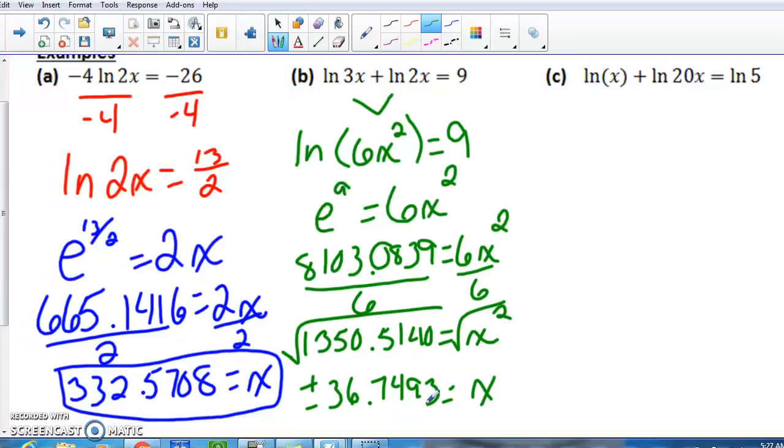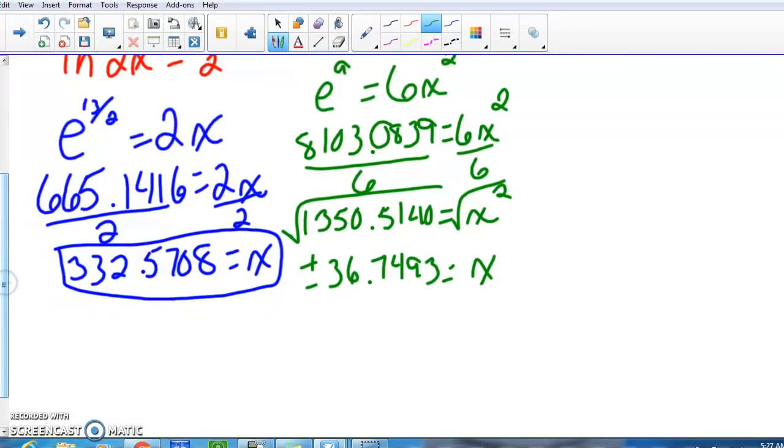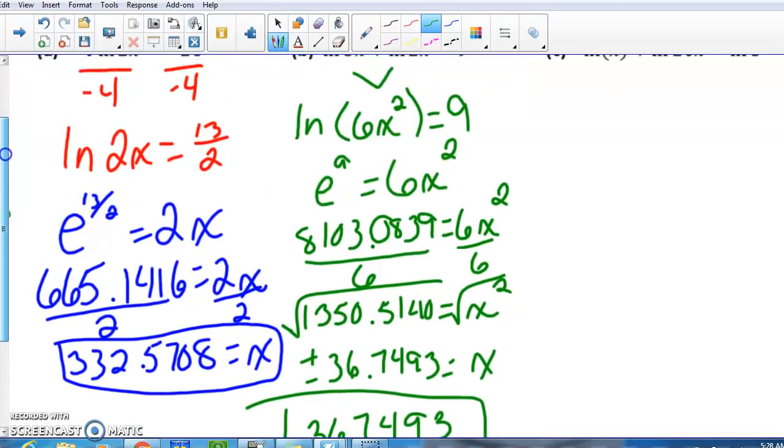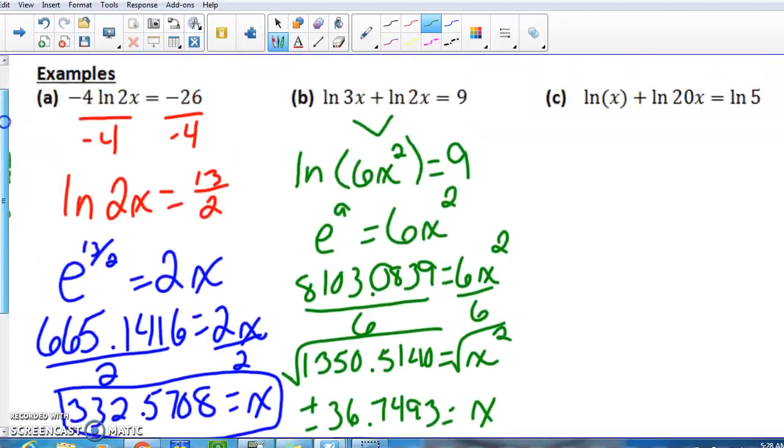So when I plug this in, the positive one will be fine. But if I plug this in, this negative one's no good. So really, the only answer that actually works is the positive 36.7493. Remember, at the heart of this, if there's ever an equation that is a log equation fundamentally, whether it's a normal log or an ln, a natural log, you have to check that.